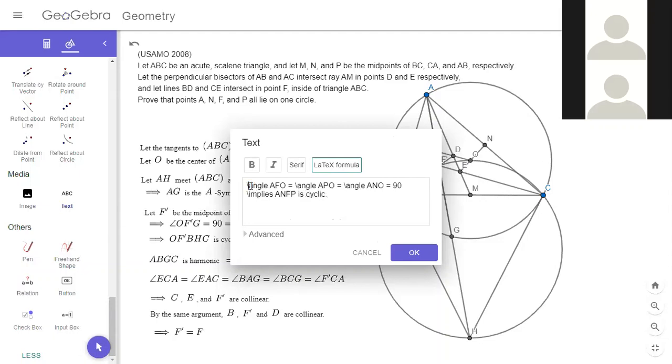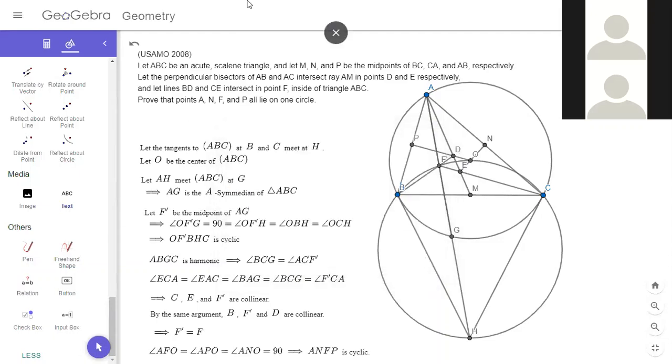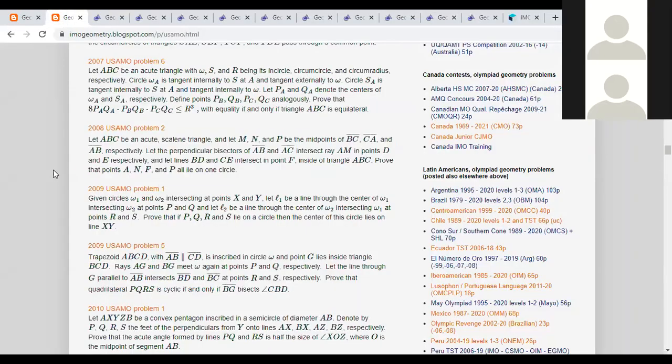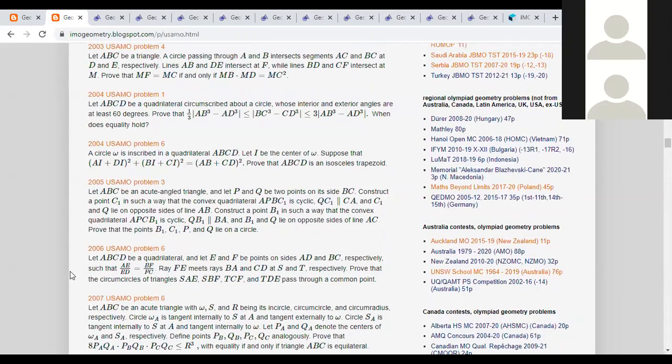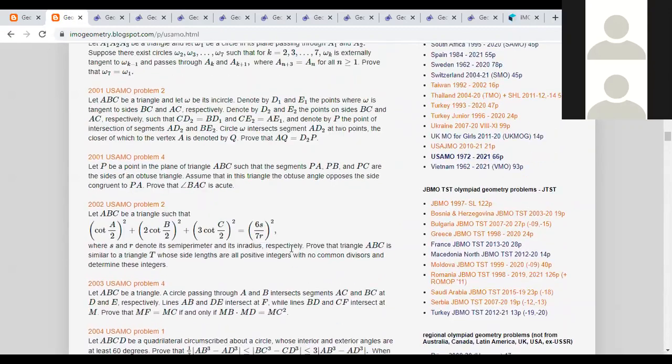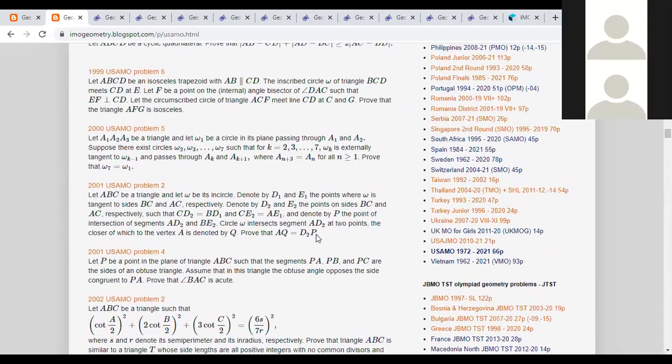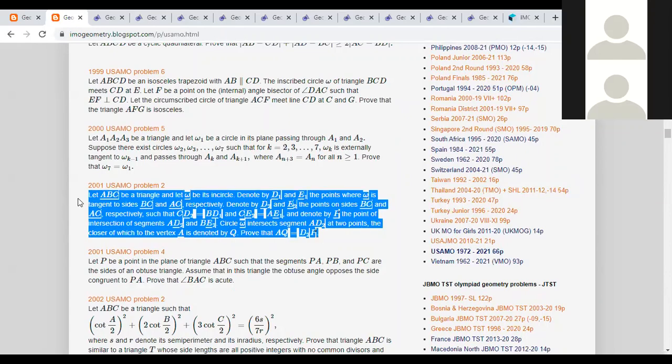All right, let's try another USAMO problem. Let's see. What's another good one? You guys like this one? It's a little bit long, but it's kind of interesting. This one I think is actually really easy, even though it's a number 6. I think I did this one before.